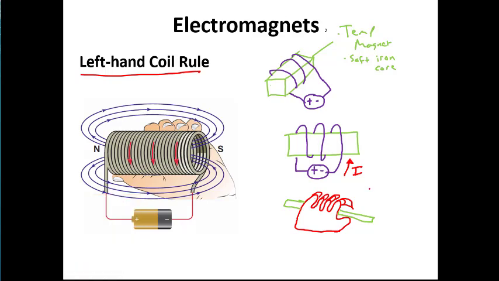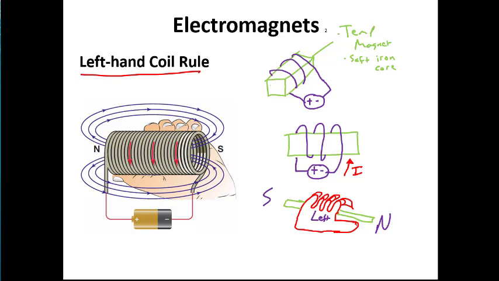And our thumb, which you kind of point out, is in the direction of the north pole. So this would be north, and this would be south. And so for this one that I drew, we go over the bar first. So you use your left hand, this has to be your left hand. And that goes over the bar, and then your thumb is in the direction of north.